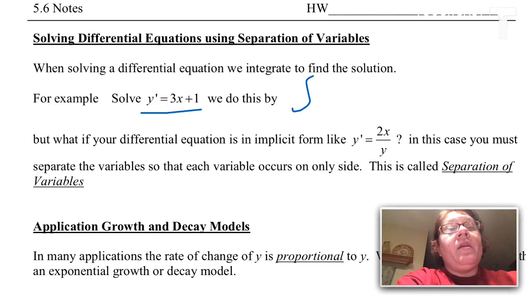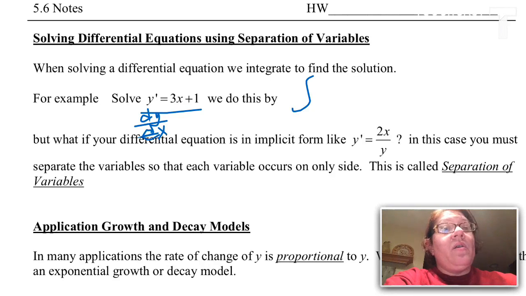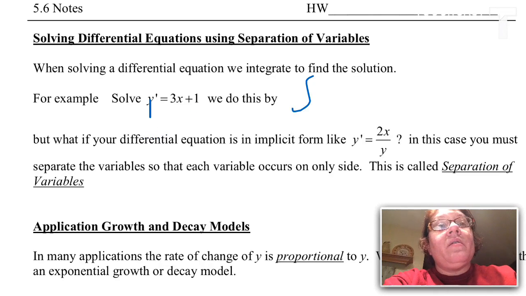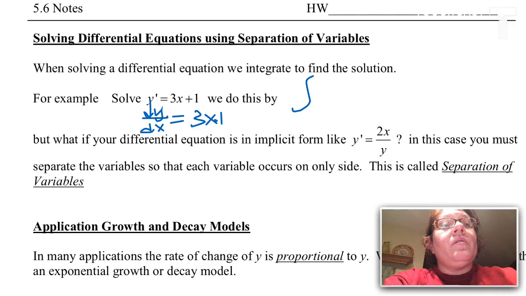Now, keep in mind y prime is really dy/dx. And I really want to have all the y's on one side and all the x's on the other. So that means that I'm going to multiply both sides by dx, and I will end up having a dx over here, and then of course this will be gone.